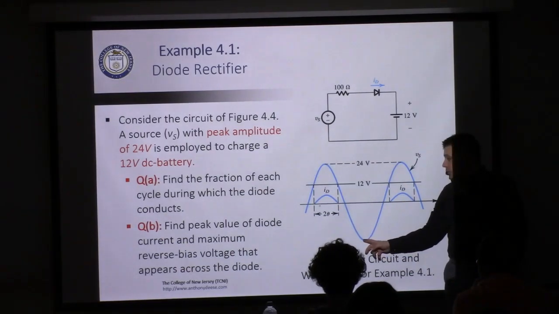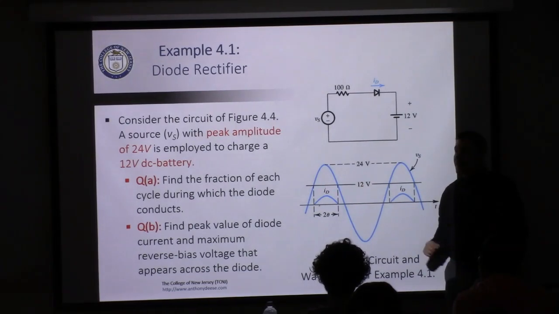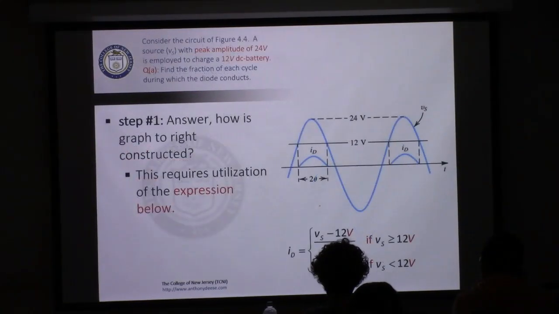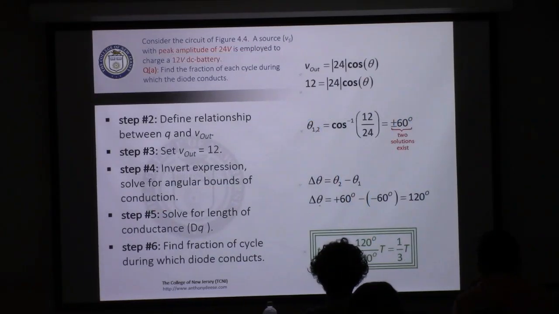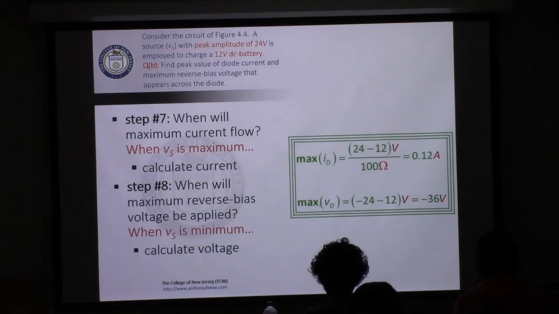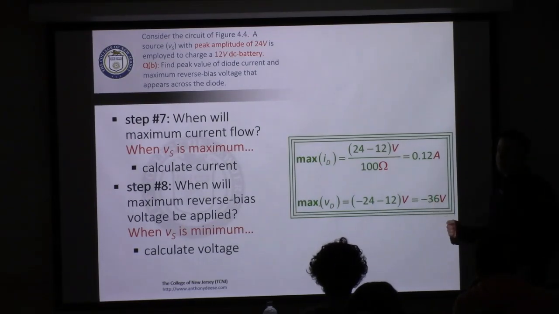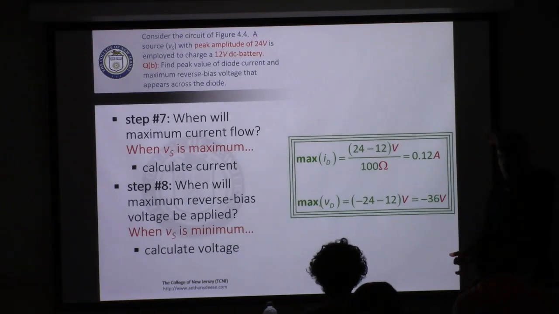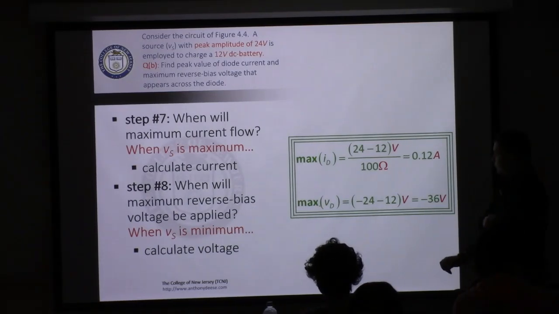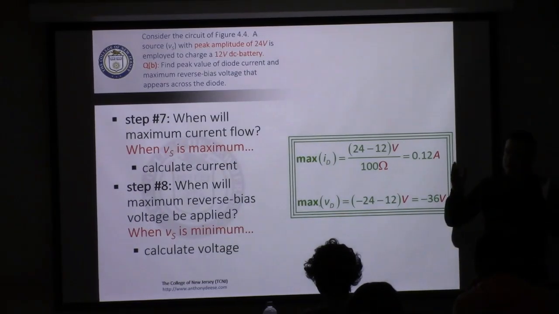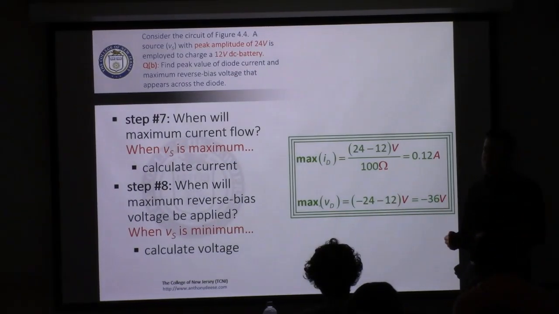So it'll be 24 minus a negative 12, for a magnitude of 36 volts. Because it has to block both the 12 plus the 24. And we're saying negative 36. You could also say the magnitude is positive 36 volts.